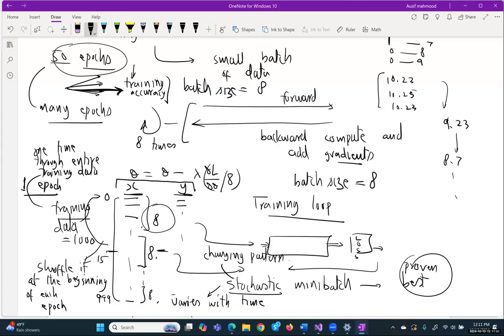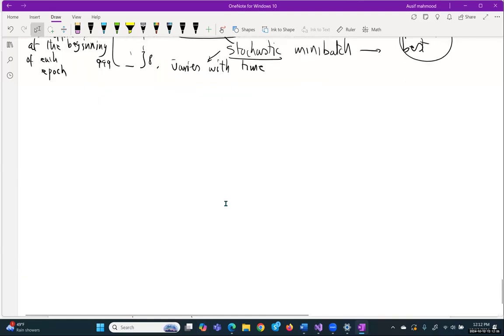Then the network learns more variety, learns to generalize better so that it can do a better job on the test data, right? So stochastic gradient descent is the best technique. Generally, you will see people asking, what training algorithm are you using? SGD.